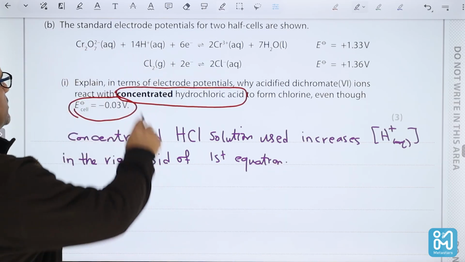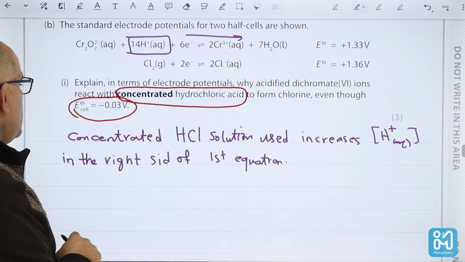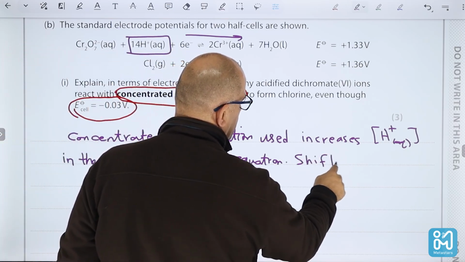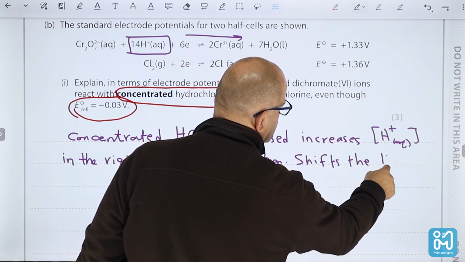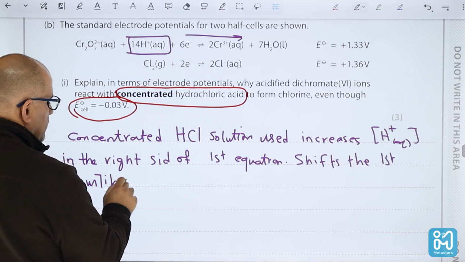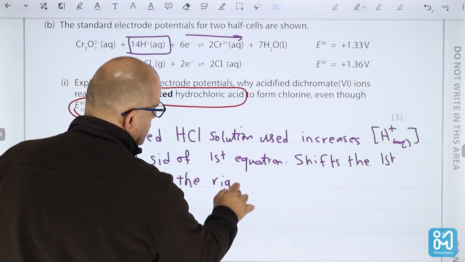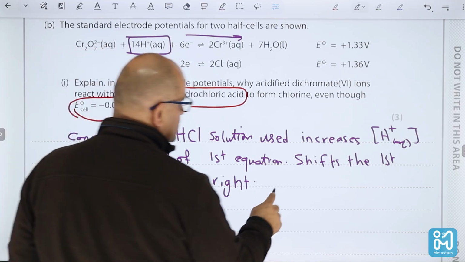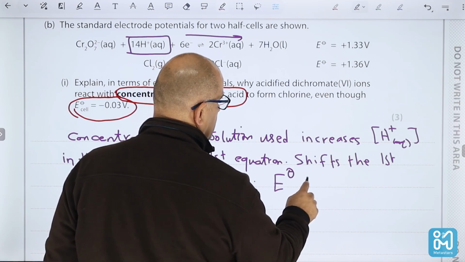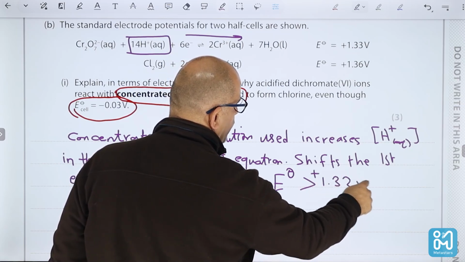Since the equilibrium is shifted to the right, this will shift the first equilibrium to the right. This makes E naught for the first reaction greater than 1.33 volt.